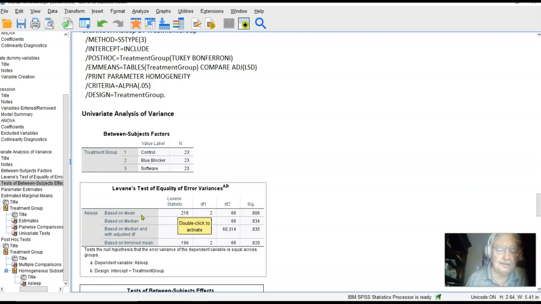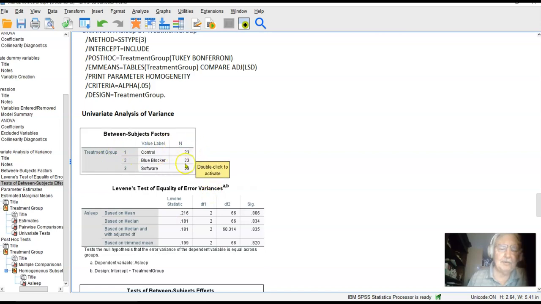When it's taking the value and subtracting it from the mean, it can subtract it from the mean, the median, or some adjusted value, just a whole bunch of things. We mostly just look at the first one. We see 0.808 is not a significant difference, so we have no reason to believe that we don't have equality of variance. And then in this table, it tells us what our sample size is, which is 23 in each group.